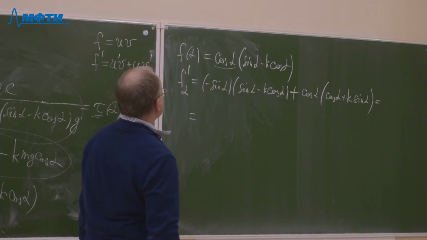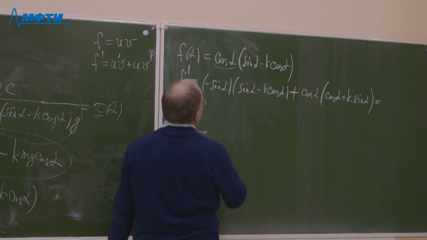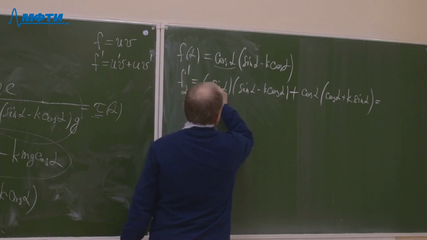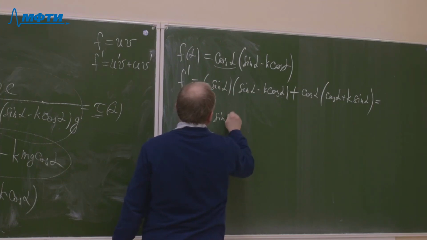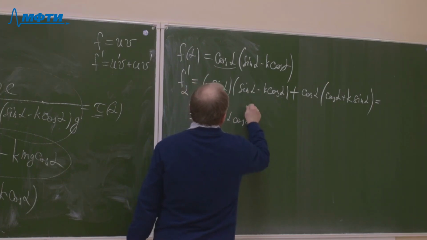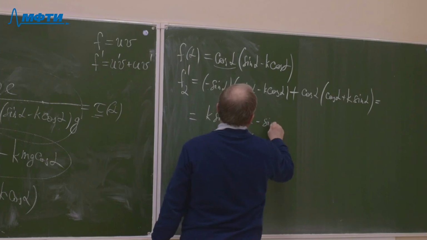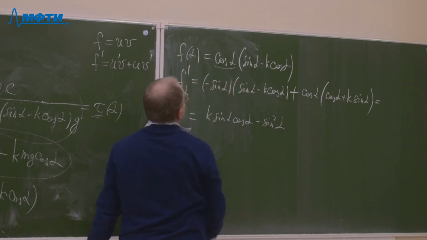Well, we open the brackets and we find what? With the sign plus k sine alpha cosine alpha minus sine squared alpha.